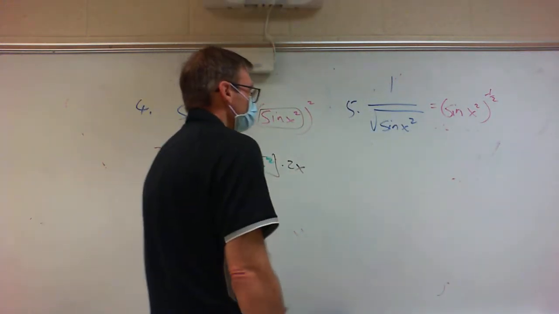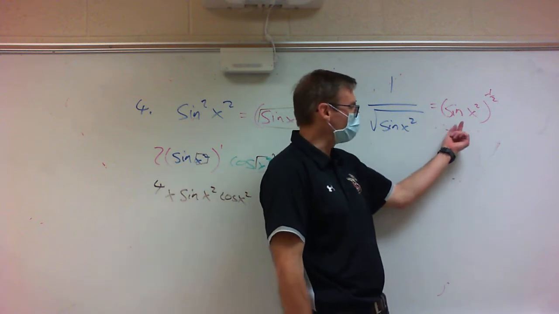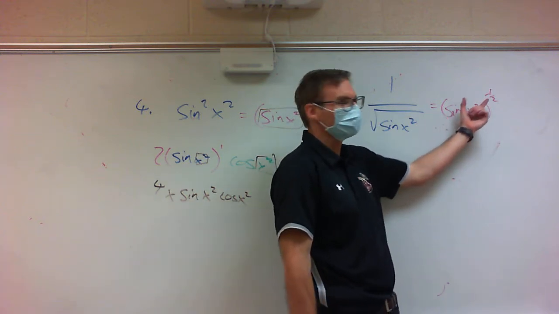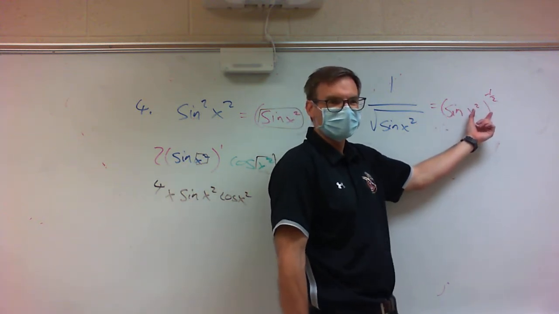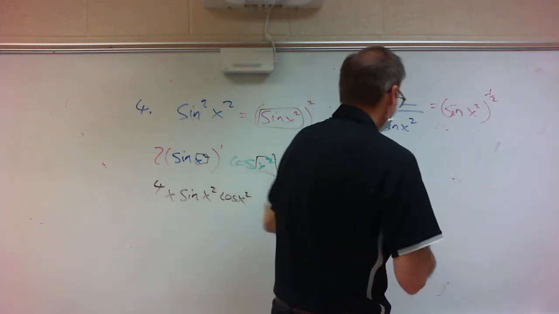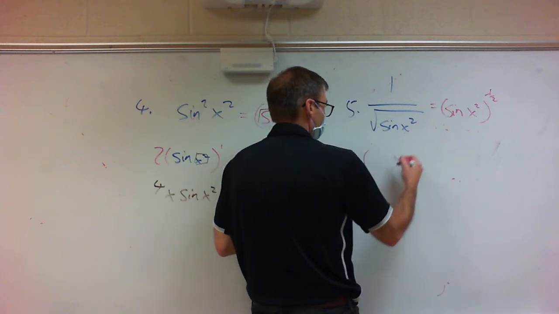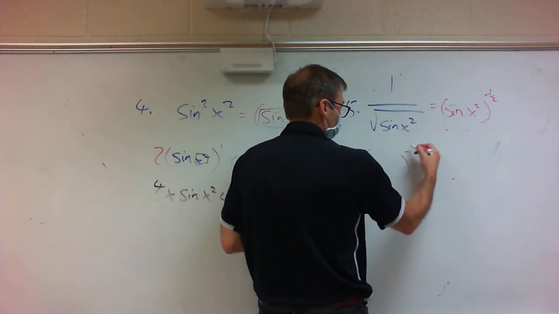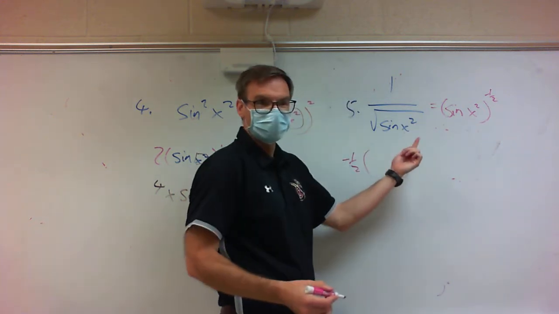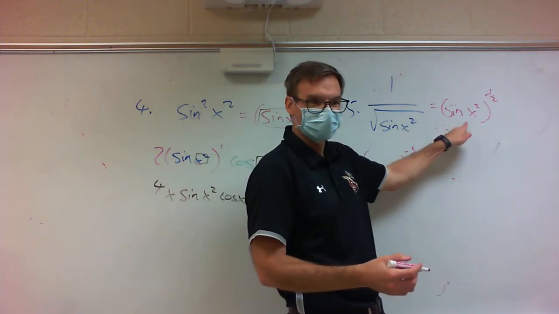All right, so now that we rewrite it, the first thing I notice is I see stuff to the negative 1/2. Now, if I see stuff to the negative 1/2, that means when I take a derivative, I get negative 1/2, and I'll subtract 1, it gives me negative 3/2, right?